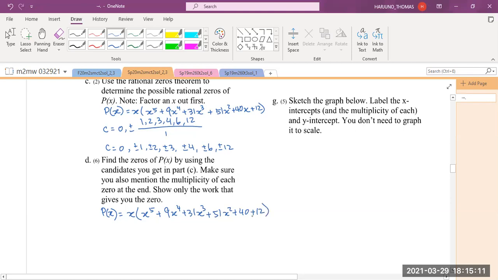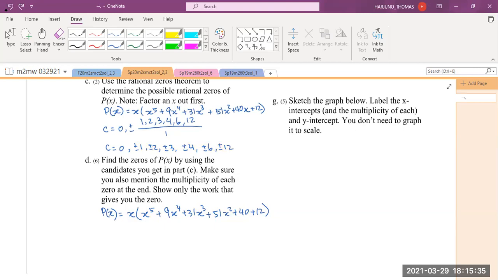Remember that we don't have positive zeros. According to the rational zero theorem, I still include the positive zeros here, but when I actually try it later on, I don't need to try any positive one because according to Descartes' sign rule, none of them will be positive. So I will work on the negative zeros.